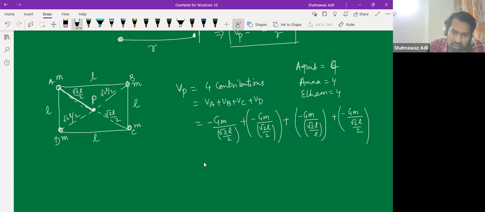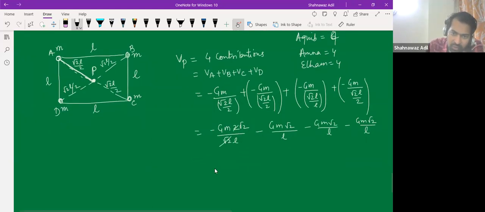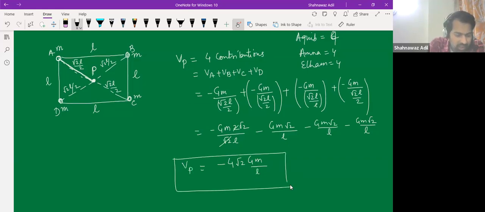Good. So then this is minus GM root 2 divided by L, minus GM root 2 divided by L, minus GM root 2 divided by L, minus GM root 2 divided by L. So this is minus 4 root 2 GM divided by L. So this is the potential at P. Is this clear, guys?